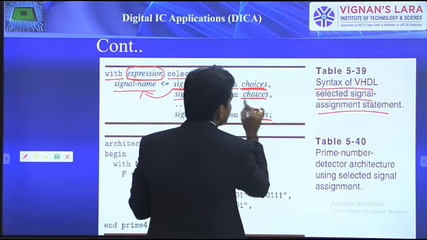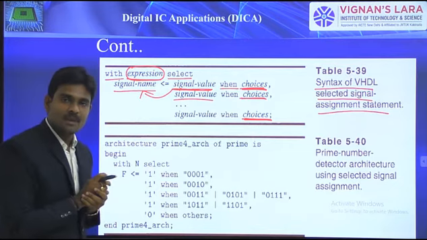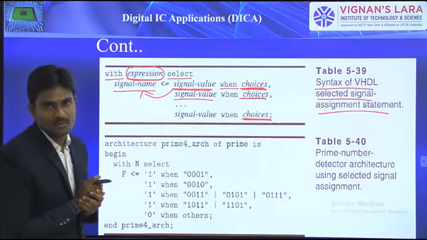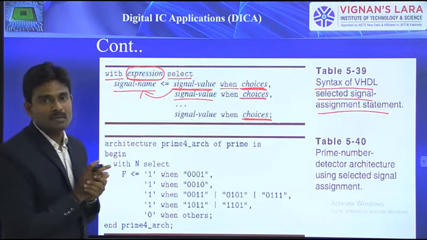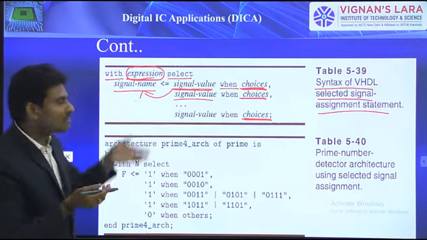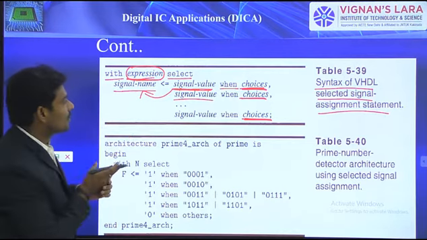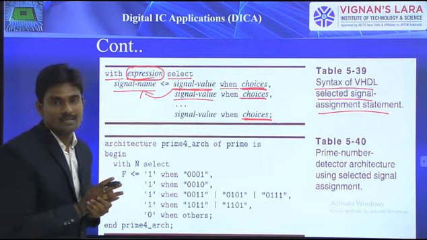While you are mentioning these choices, all choices must be mutually exclusive and all choices must be inclusive. Whatever possible values there are, you are supposed to mention all of them in the choices.